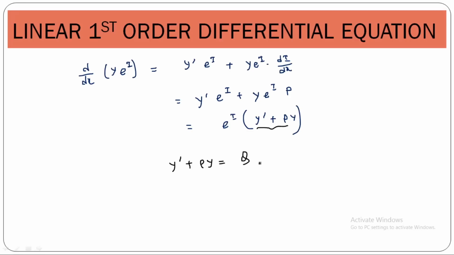So if you multiply this equation with e to the power I, what you will get is e to the power I into (y' + py) is equal to q into e to the power I. Now you can substitute this expression as d/dx of y e to the power I. So d/dx of y e to the power I is equal to q e to the power I.